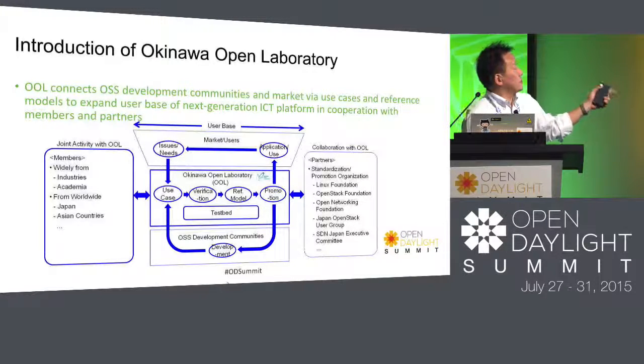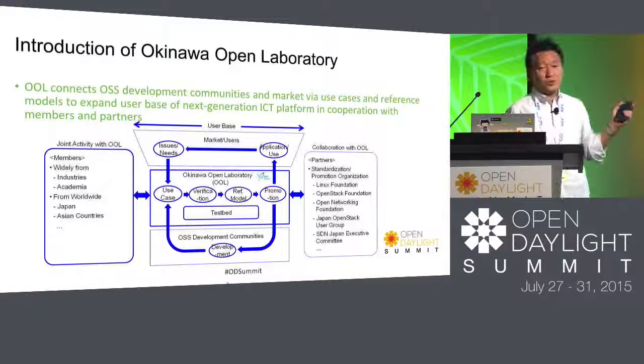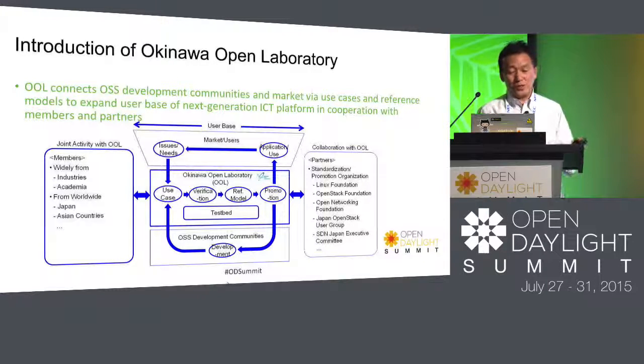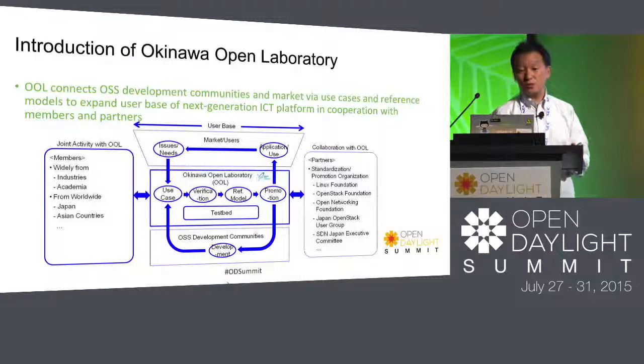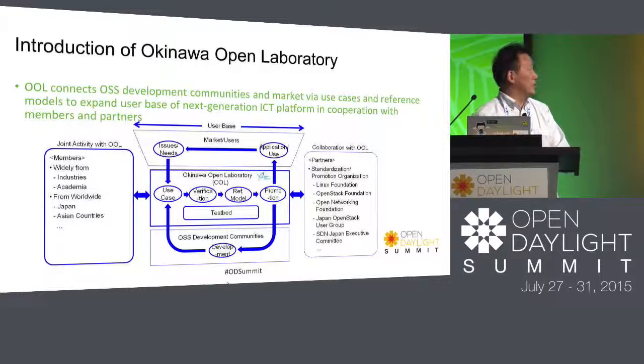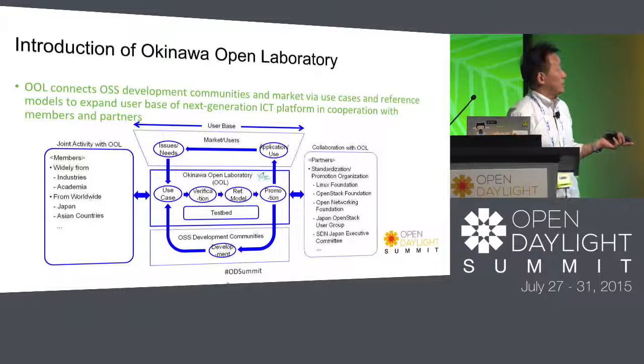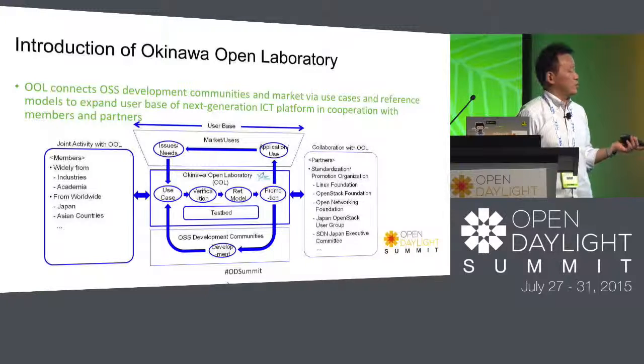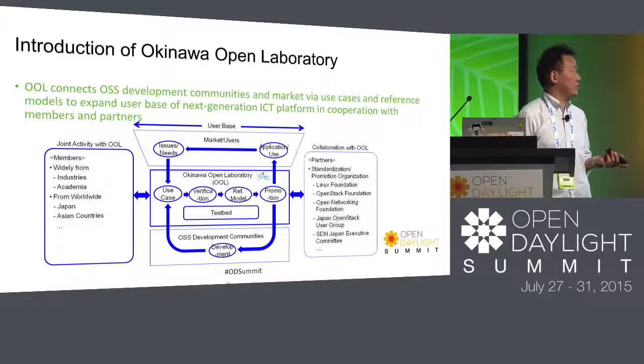By doing this, we create use cases, technology verification, reference models, and promotion. For these activities, we communicate with partners such as the Linux Foundation, OpenStack Foundation, Open Networking Foundation, and the OpenStack User Group in Japan.